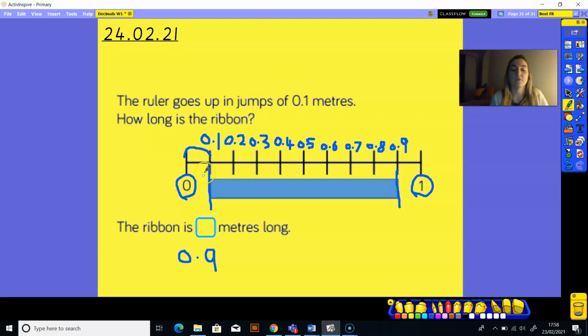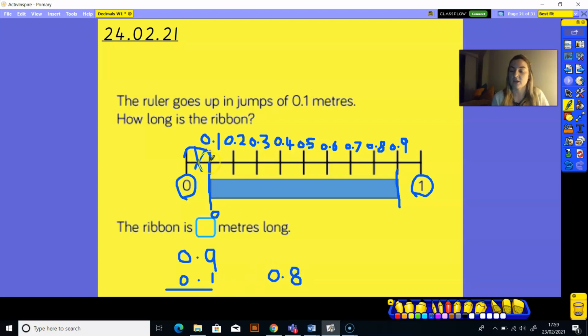So we need to remember if the ribbon isn't on 0, or if whatever you're measuring isn't on 0, you need to act as if where it is measuring from is 0. Okay? Or one thing you could do is, because you know it goes up to 0.9, you could take away the 0.1 that has been measured. And that would leave you with 0.8.